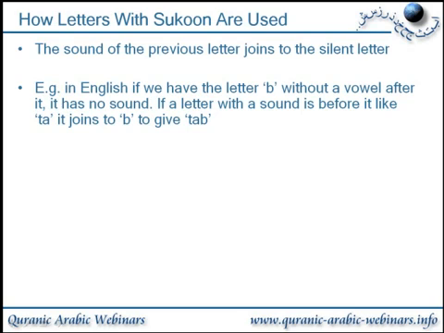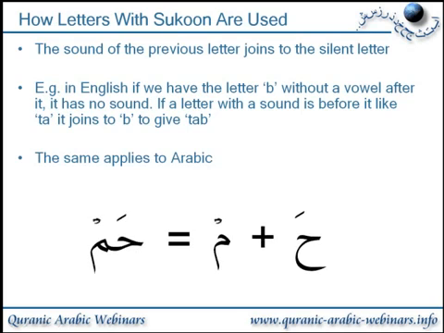So for example, if a letter with a sound is before it, like ta, so if you have the sound ta before the letter B, it gives the sound of tab. So there, B doesn't have its own sound because you haven't got an A, I, O, U, etc. after the B. So the B has no sound, so you join it to the ta sound, and you get the word tab.